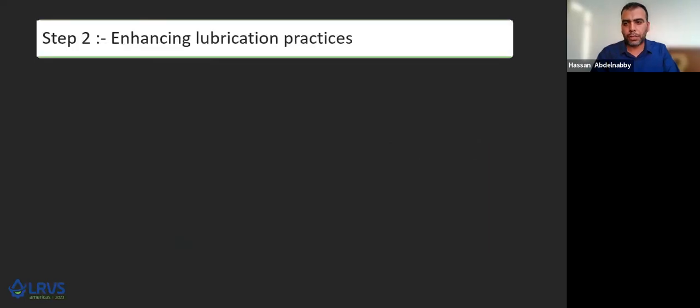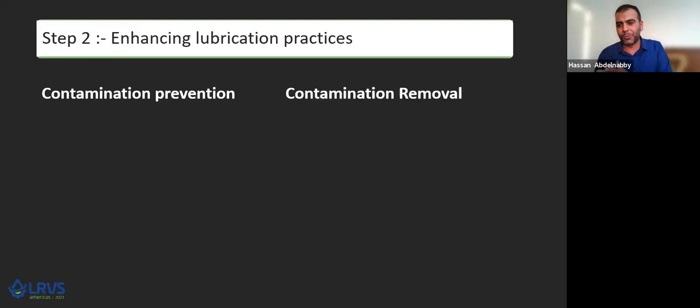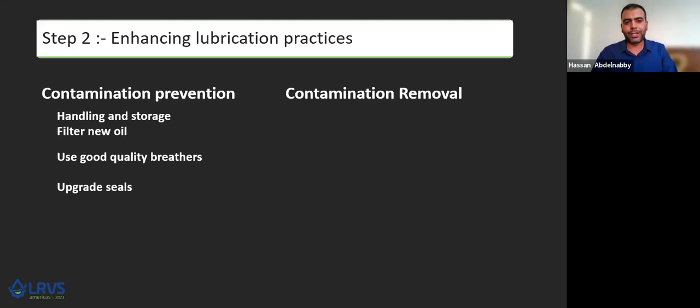Now we're going to discuss some of the interesting subjects. So enhancing lubrication practices. Contamination can be prevented or can be removed. So we can start by preventing it, starting from handling and storage, maybe filtering the new oil, using good quality breathers or upgrading the seals in order to prevent contamination from entering your tank or your asset in the first place.